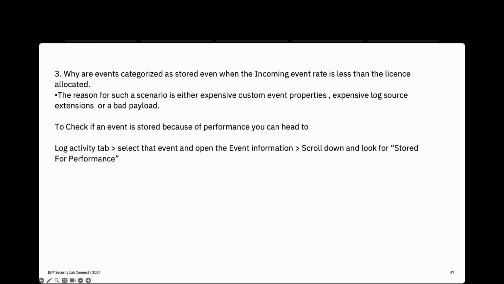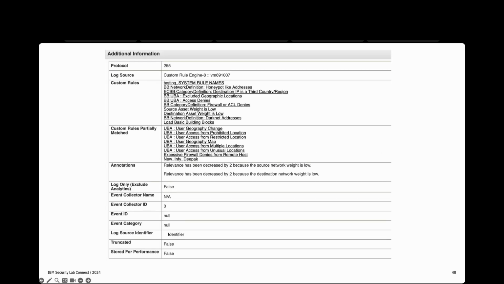Scroll down and look for the Stored for Performance field in the Additional Information section. Here, you can see Stored for Performance. If this is true, that means that event was stored because of a performance issue on that device, and you will need to rectify that performance issue. In this case, it is false, so this event was not routed to storage because of a performance issue.